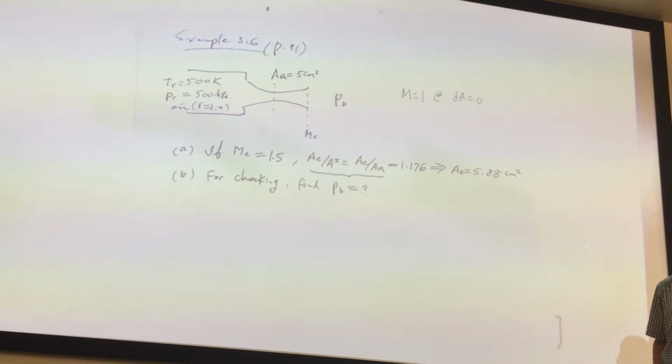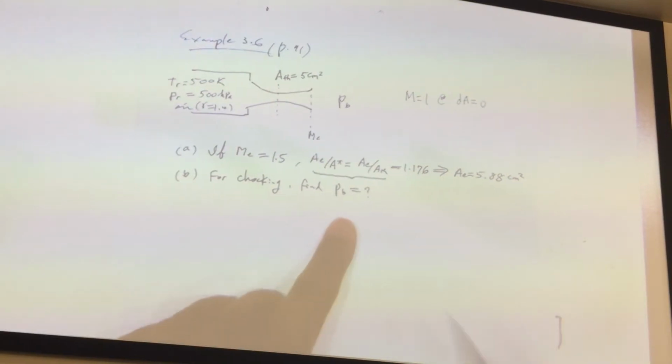Can someone tell me intuitively what would be the range of pressure P_B that the nozzle can be choked? You say, well, how about vacuum? Well, that's like saying nothing, because the pressure cannot be negative. And you say, oh, if the back pressure is vacuum, the nozzle is choked. But no, find P_B meaning the range.